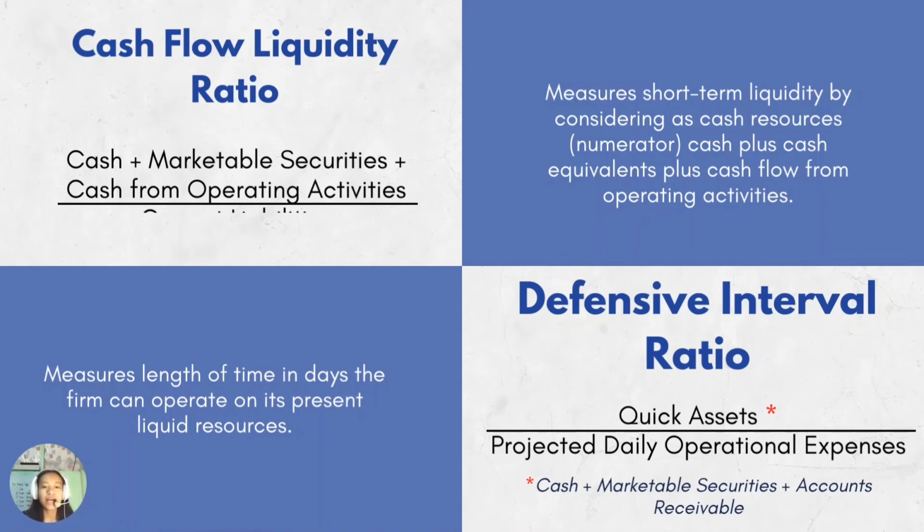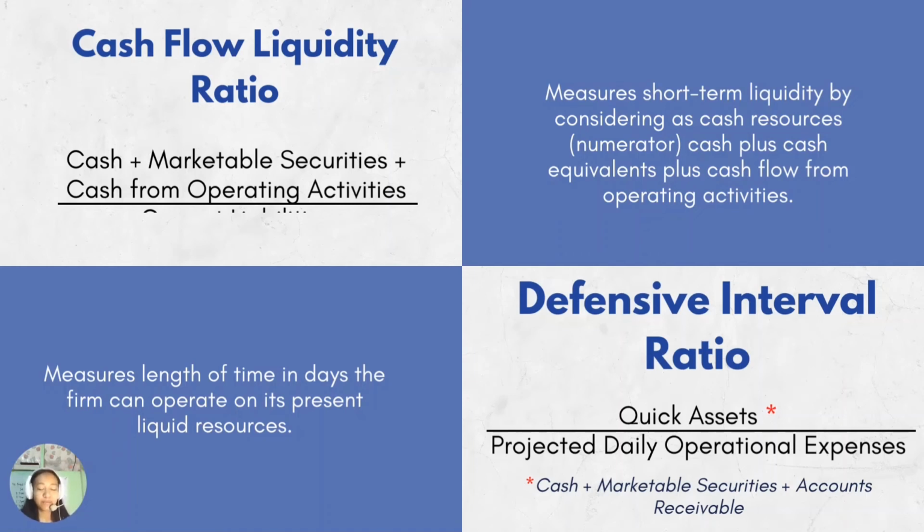So, dito, meron namang nadagdag na isang account which is yung cash from operating activities, which pwede nating makuha yung figure sa cash flow. So, ito po, wala po siya sa balance sheet. Nandun po siya sa cash flow.